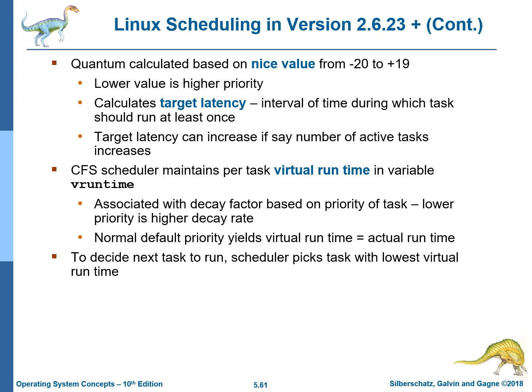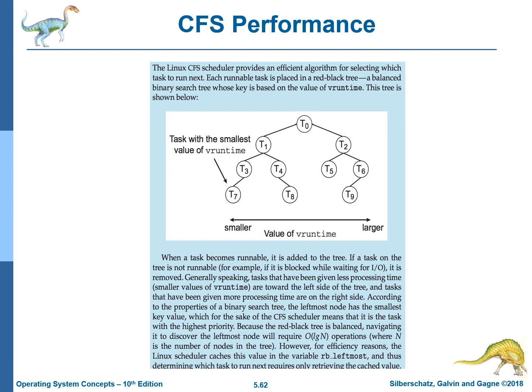Lower priority means a higher decay rate. Normal default priority yields virtual runtime equal to actual runtime. To decide the next task to run, the scheduler picks the task with the lowest virtual runtime. CFS performance, you can pause the video and read it yourself.